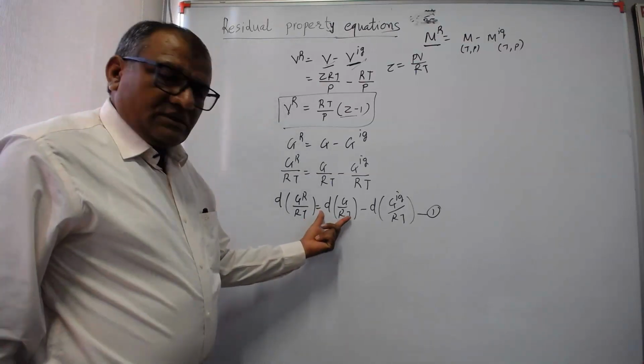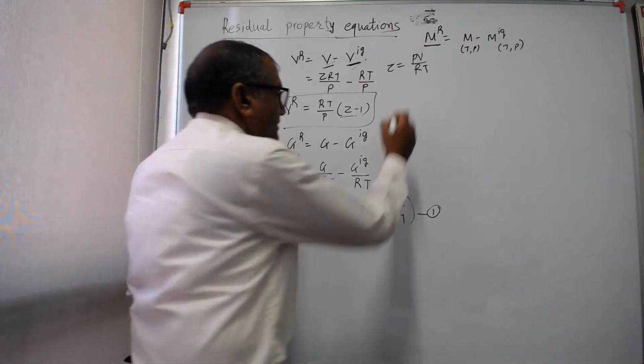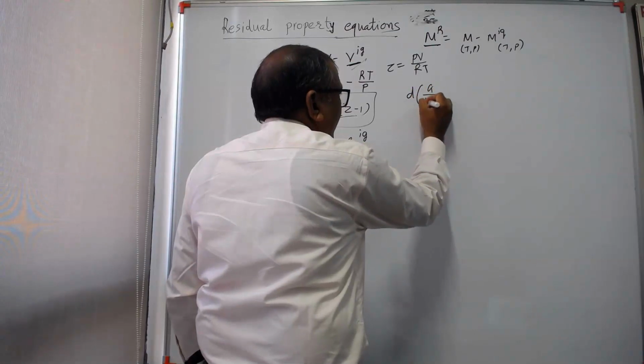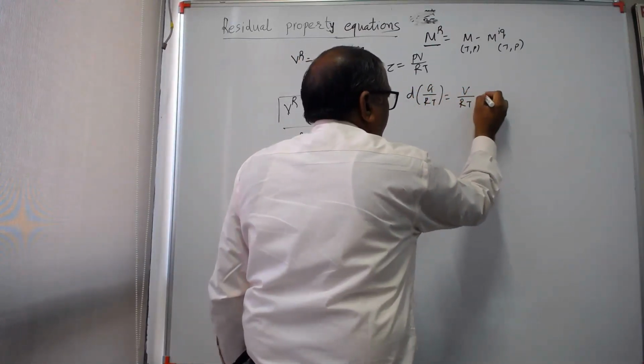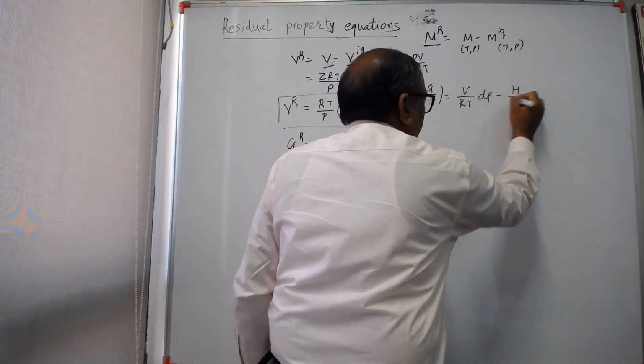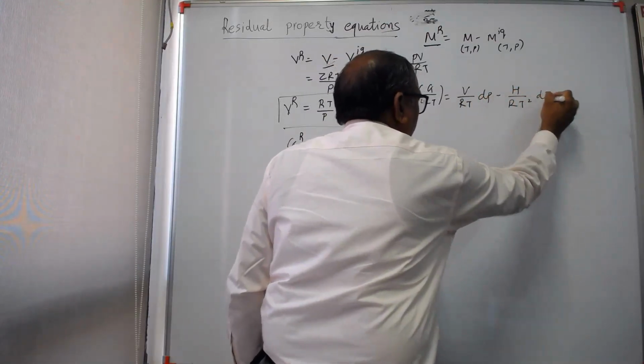We know the definition of dG/RT. It is something like V/RT dP minus H/RT² dT.